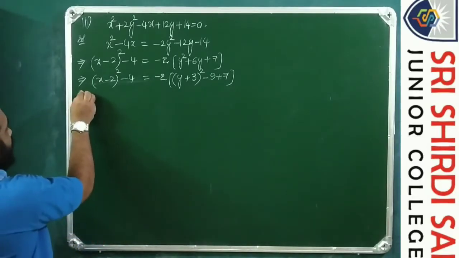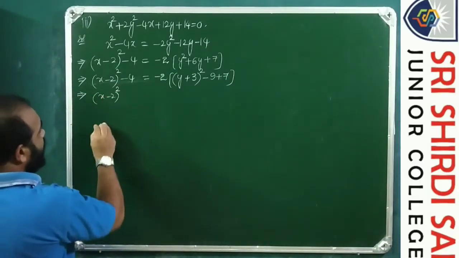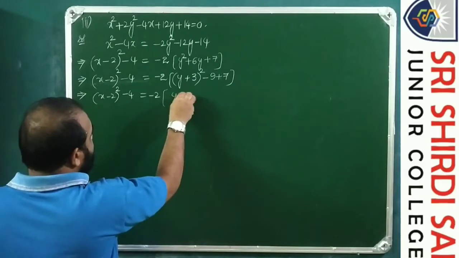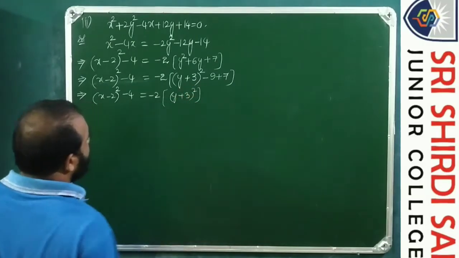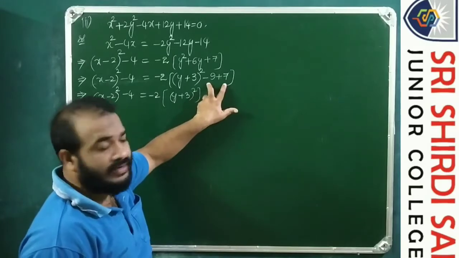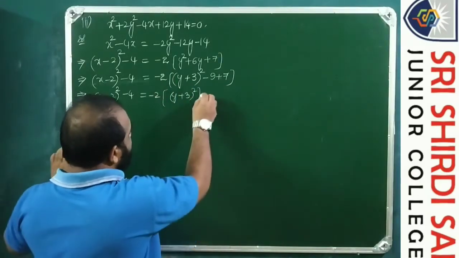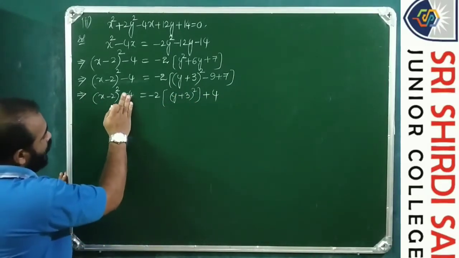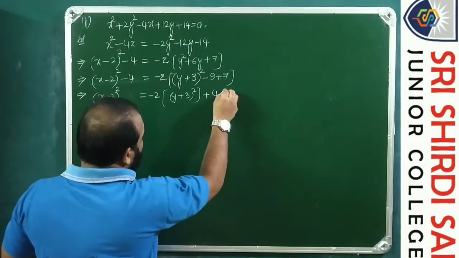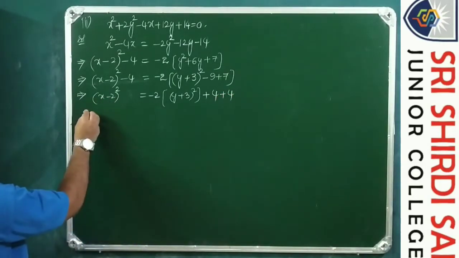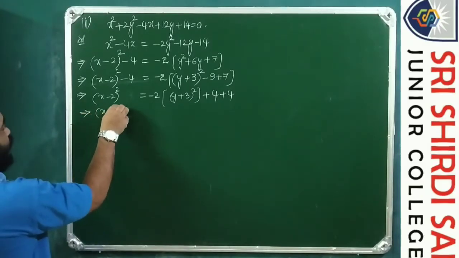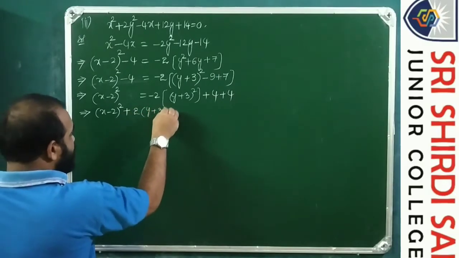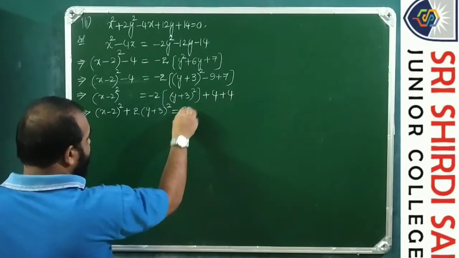So x minus 2 whole square minus 4 equals minus 2 into y plus 3 whole square minus 9 plus 7. Minus into minus gives plus 2 to the 4. The minus 4 on transposing to the other side is plus 4. So x minus 2 whole square plus 2 into y plus 3 whole square equals 4 plus 4, which is 8.